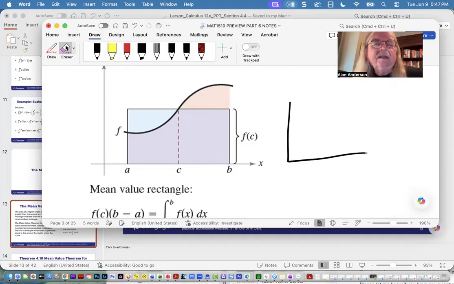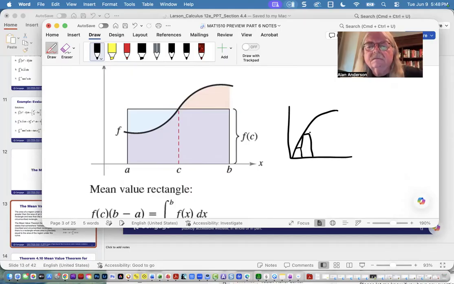We could have inscribed, where the area of the rectangles is too low.